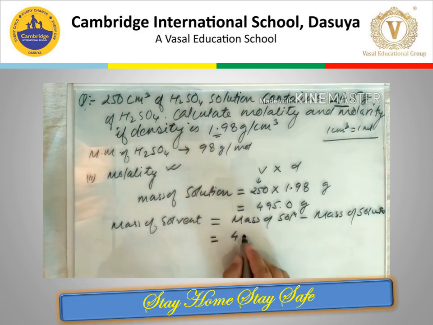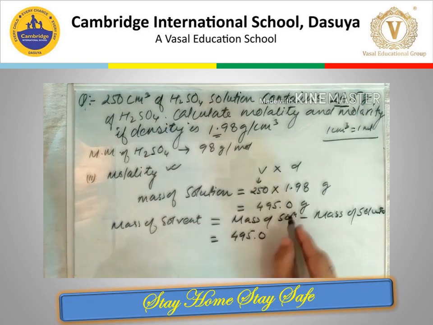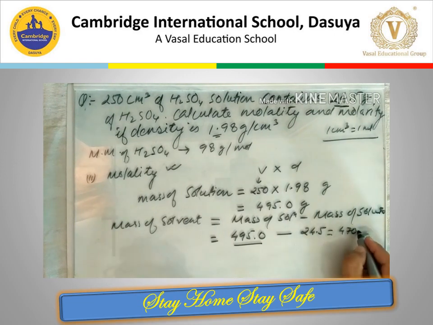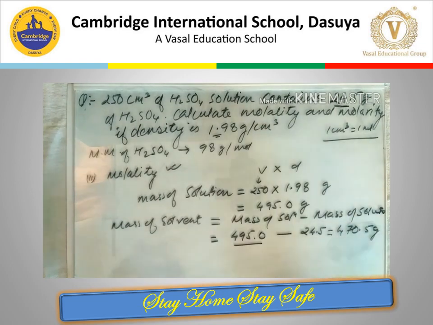So it is 495, this is the mass of solution, and the mass of solute is 24.5. So this works out to 470.5 gram. In terms of kg, this is equal to 0.4705 kg.